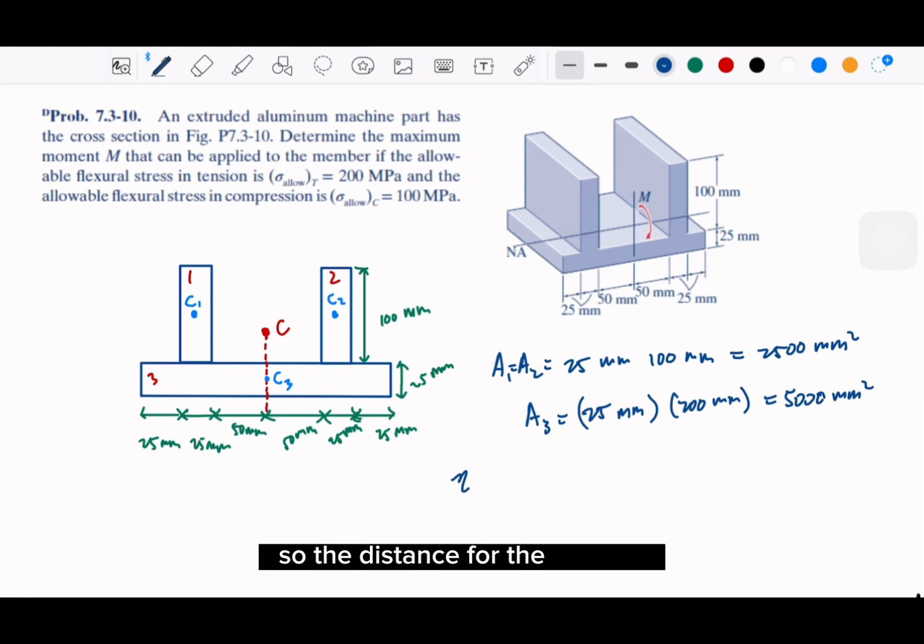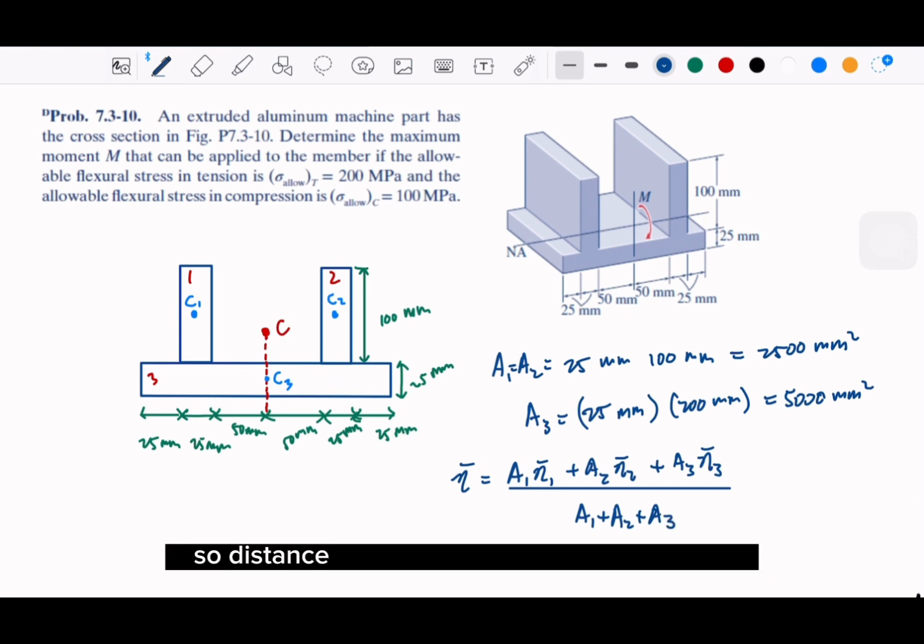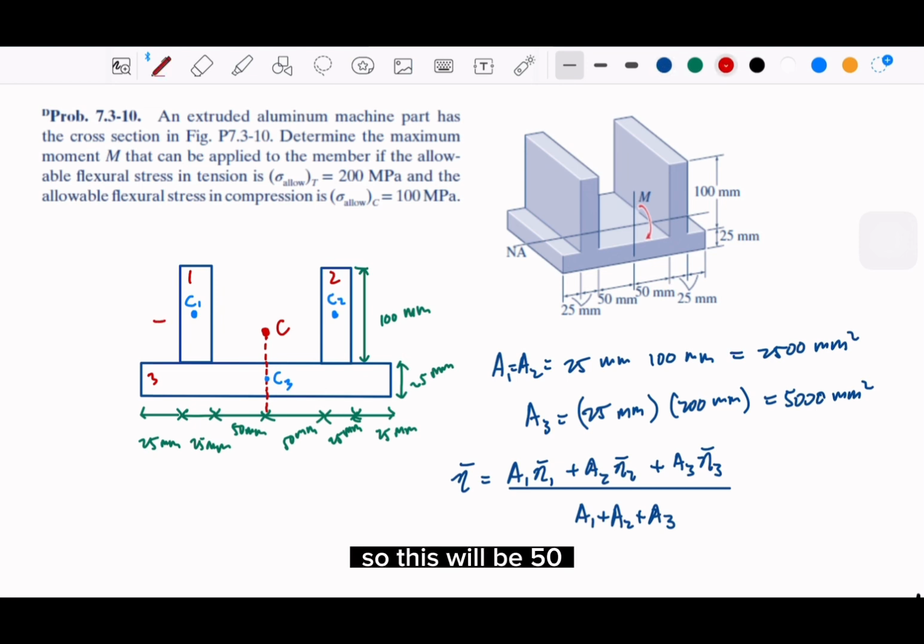So the distance for the total centroid is A1 times distance 1, plus A2 times distance 2, plus A3 times distance 3, and then divide by the total area. Distance 1 is perfectly half of the rectangle, so this will be 50. This is also the same.